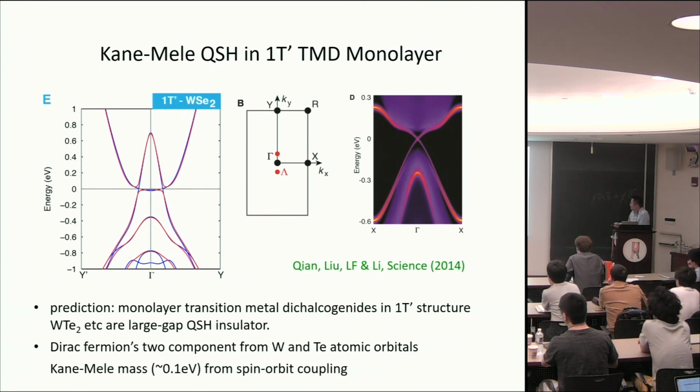And here the spin-orbit interaction in these materials is actually much larger than in graphene, because it involves heavy elements like tungsten. The gap due to spin-orbit coupling is on the order of 100 millielectron volts. And you can see that near the edge there are these edge states, counter-propagating edge modes with opposite spin polarization.